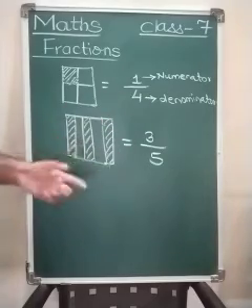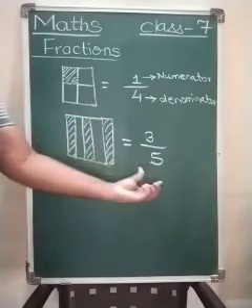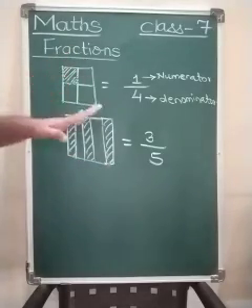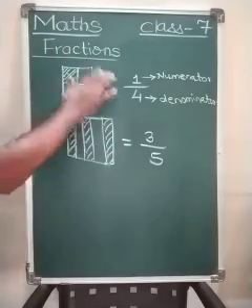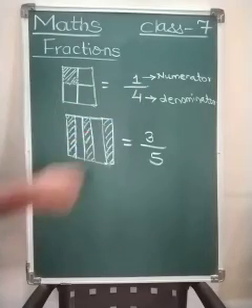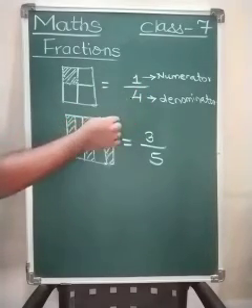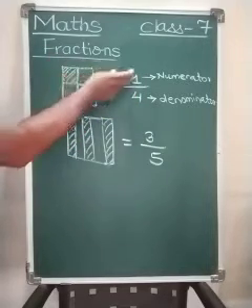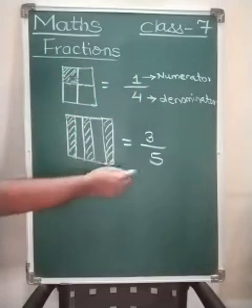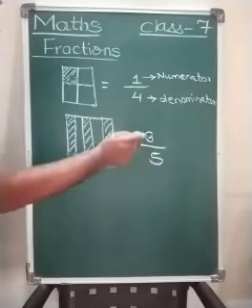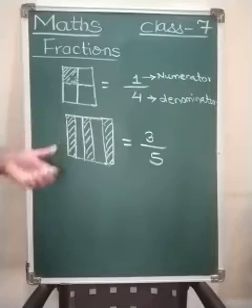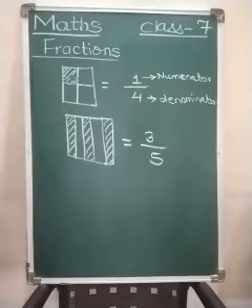So this is the fraction that this picture is representing, 3 upon 5. This is basically what fraction means. Out of the whole, a part has been taken. This will be the whole, and this will be the part that we have considered. Here 5 parts are there, so 5 is the denominator. Out of 5, we have considered 3. This is called a fraction, or these are called fractions.